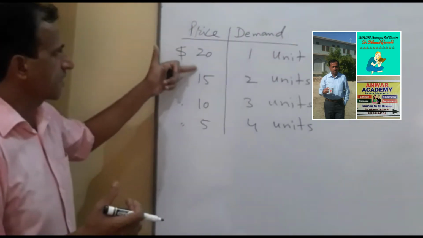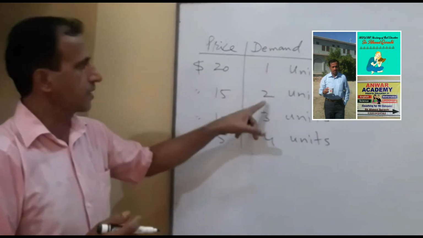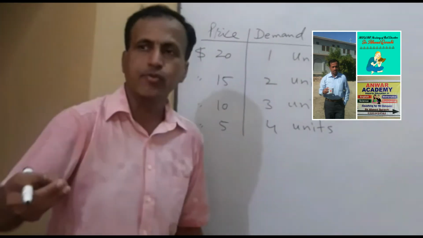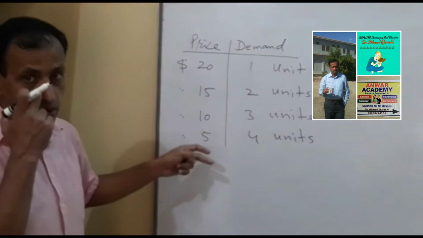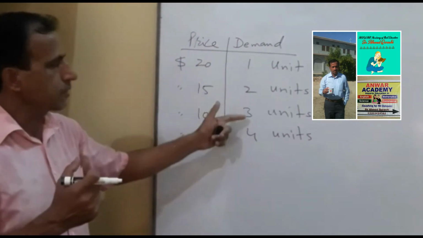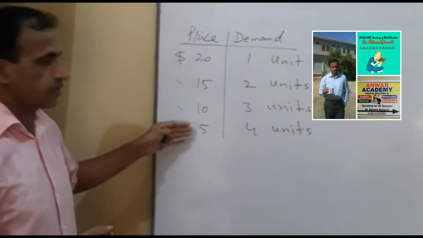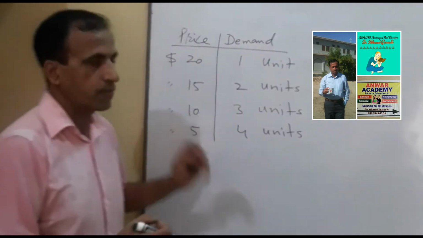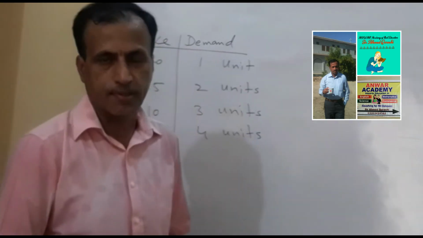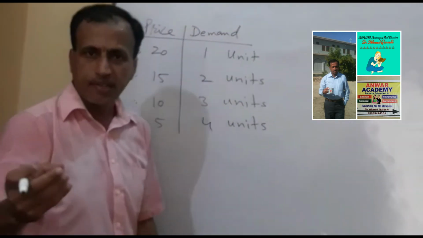When price decreases from $20 to $15, we are demanding 2 units, meaning we are purchasing more quantity now. When price decreases from $15 to $10, our demand increases from 2 units to 3 units. When price further decreases from $10 to $5, our demand increases up to 4 units. Means when price decreases, our demand will increase.